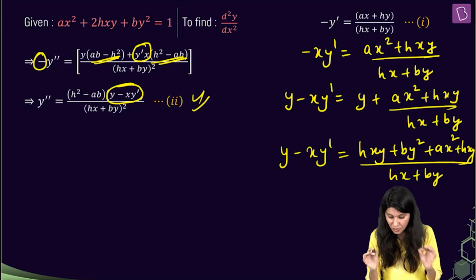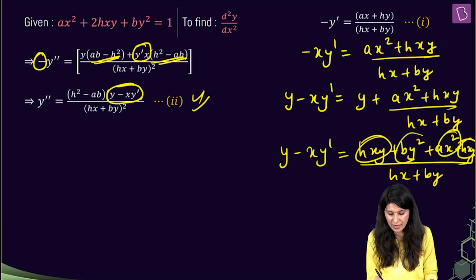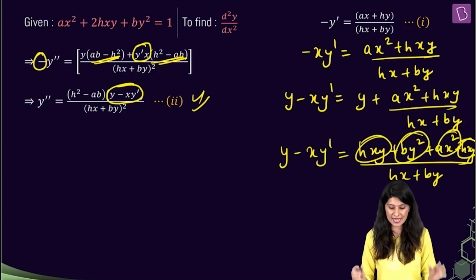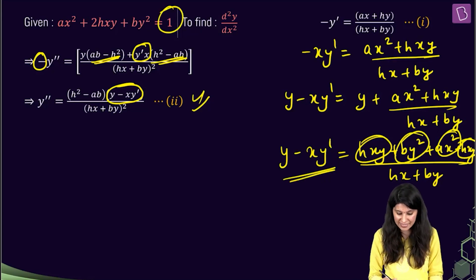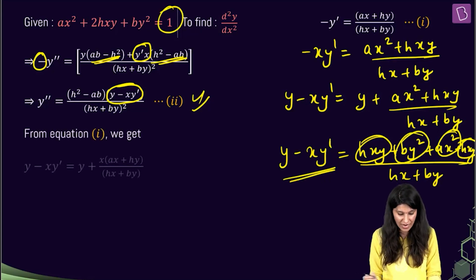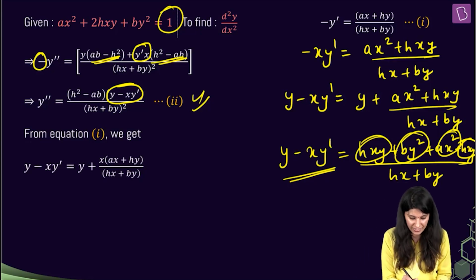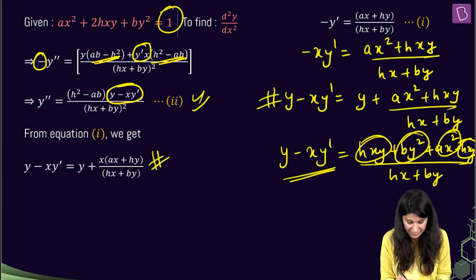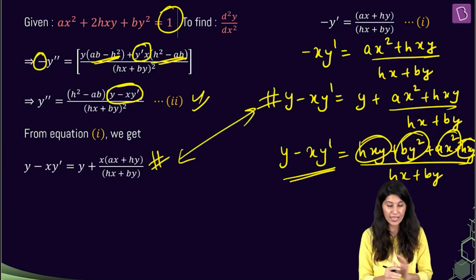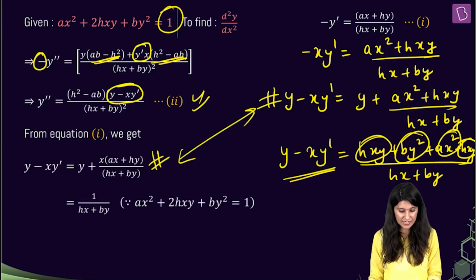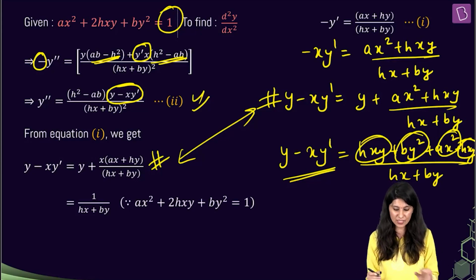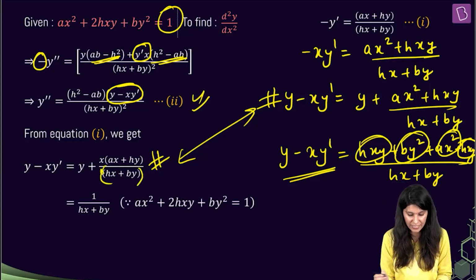Can you see what beautiful thing is getting formed? ax square plus 2hxy plus by square, which is nothing but 1. So this y minus xy dash is this, which is exactly equal to this. These two are the same thing. If you take LCM, you get ax square plus 2hxy plus by square whole upon hx plus by.